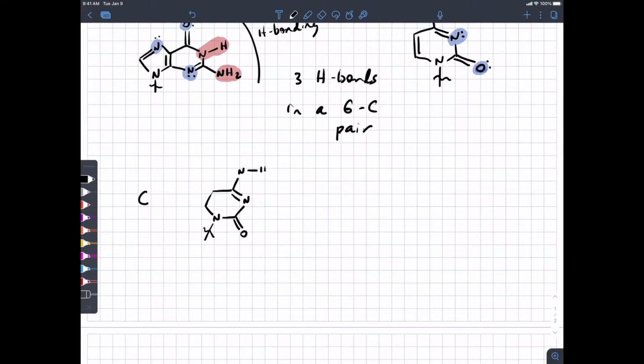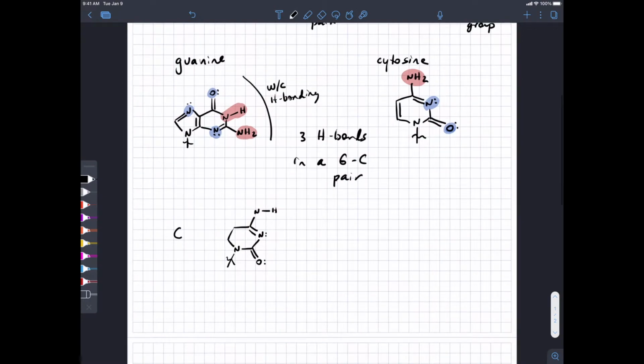And here is the exocyclic amino group. All right, so that's cytosine, and I'm missing a double bond there. But as before, we have our 2 hydrogen bond acceptors and our hydrogen bond donor.